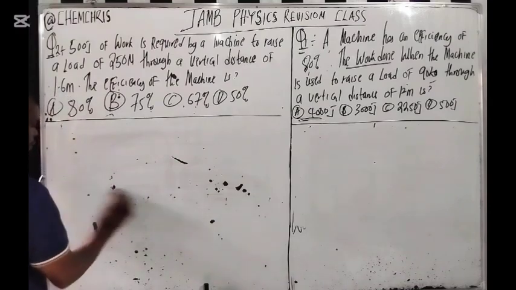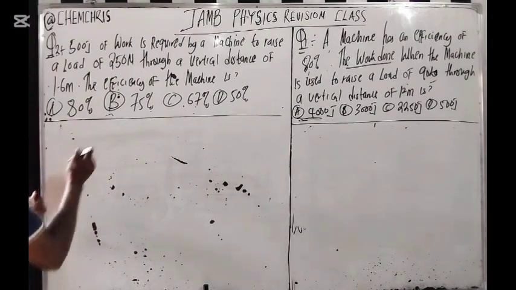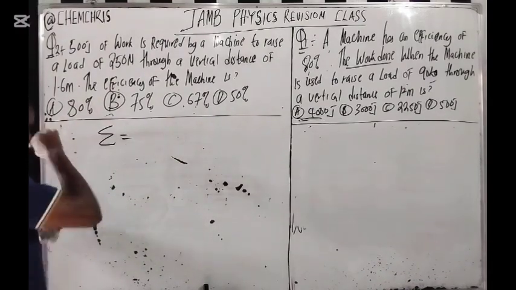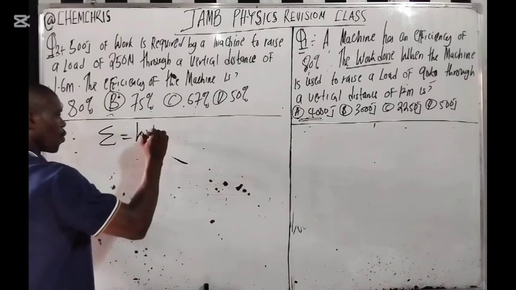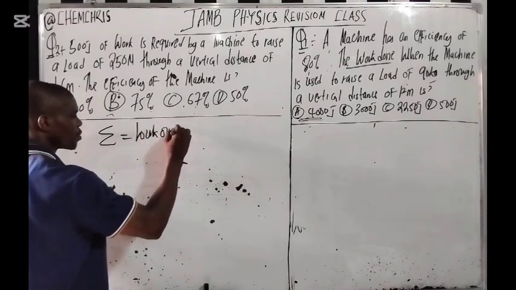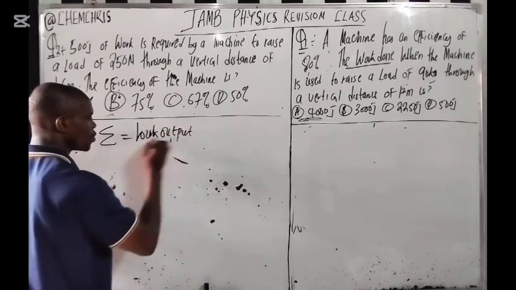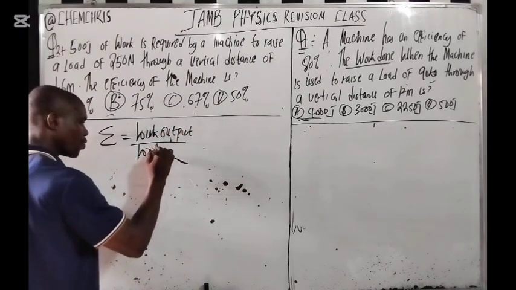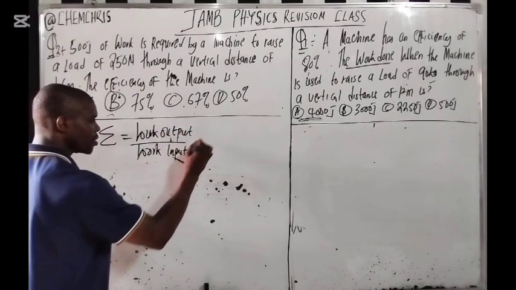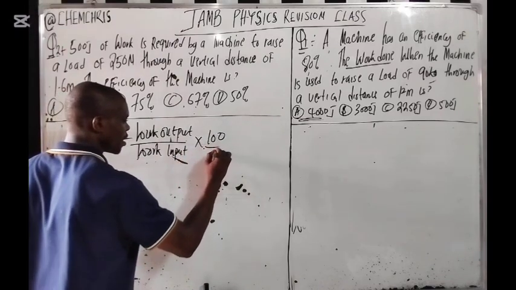Remember, efficiency of the machine is equal to work output over work input times 100 over 1.